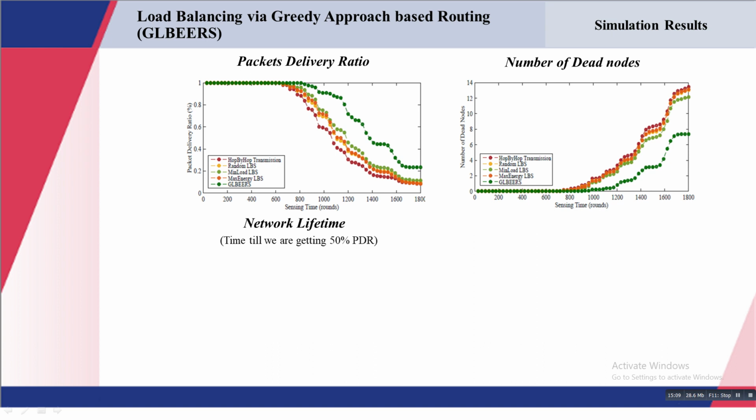And for the first node death, when the first node dies in the network, the proposed approach delays the first node death as compared to the rest of the approaches.